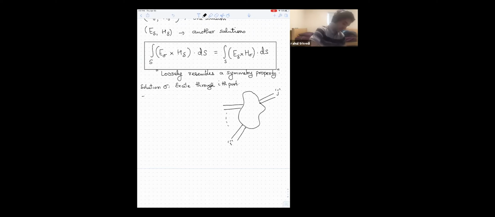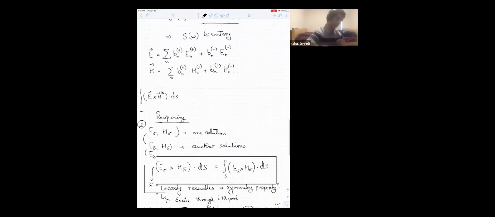So what is the electric field then? In the waveguide region, you'll have only one forward propagating mode, which is the waveguide mode of the ith waveguide. But in general, you'll have backward propagating modes, sum over J, coming out of all the waveguides.